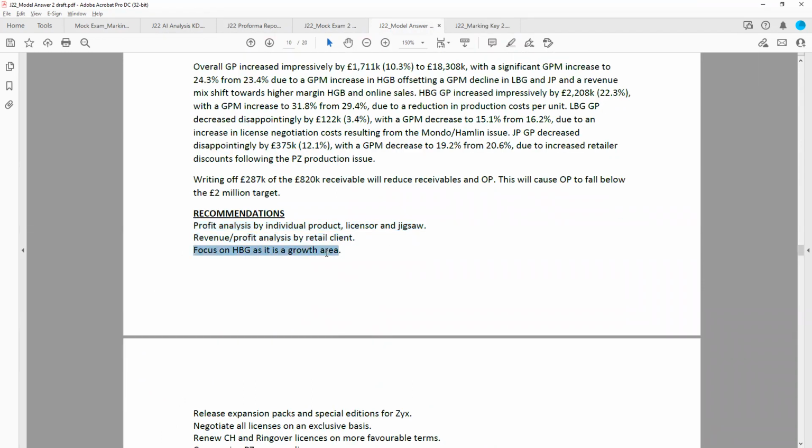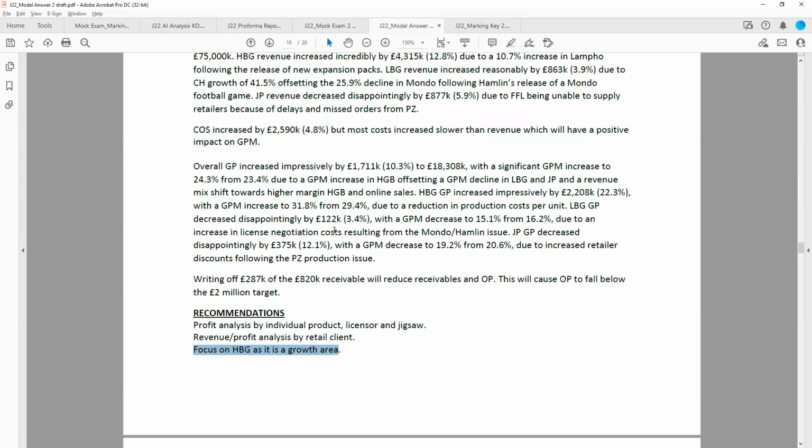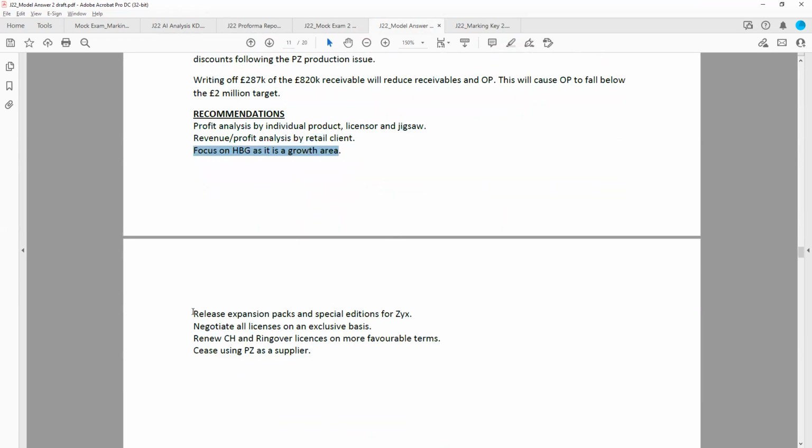So HBG has done well, so focus on HBG perhaps, or maybe launch new expansion packs and special editions, because that's caused the growth there, and that was a real positive story in this mock exam. The Zincs hadn't done well, so actually maybe just tailor it slightly and say release expansion packs and special editions for Zincs, because that's the one which hadn't done so well there.